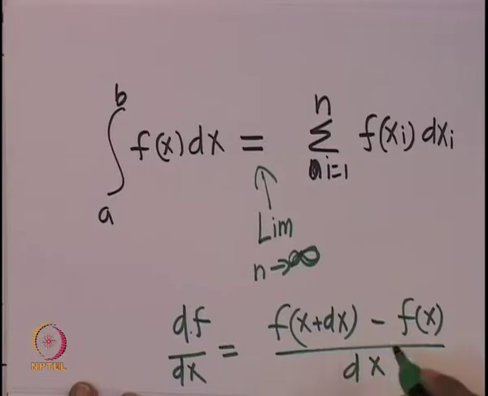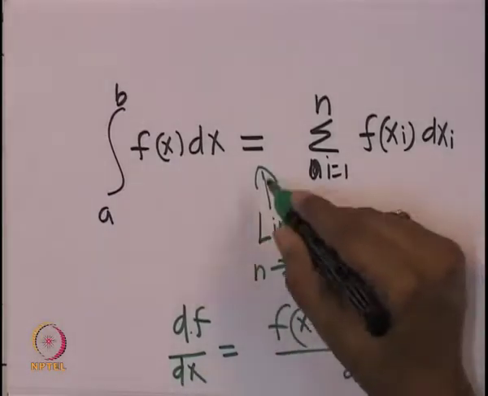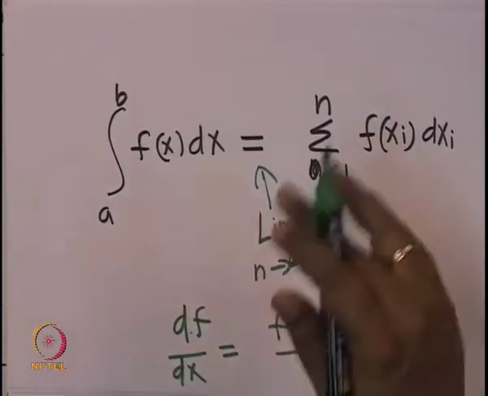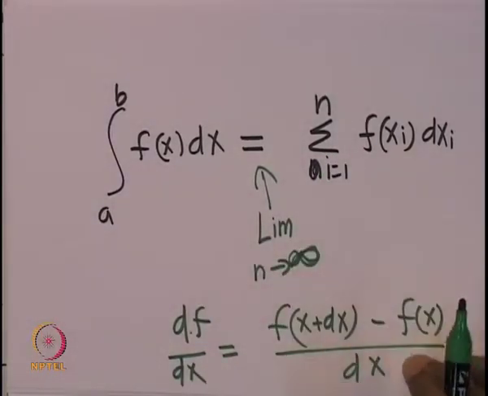This is equal in the limit delta x tending to 0. So, dx tending to 0. When this quantity is very small, then these two will be equal. Similarly here, in the limit n tends to infinity, this will be equal. So, the correct thing is to divide this into a large number of parts and then calculate the area.